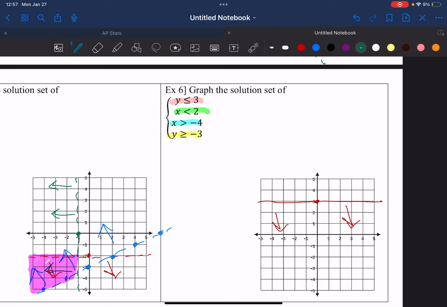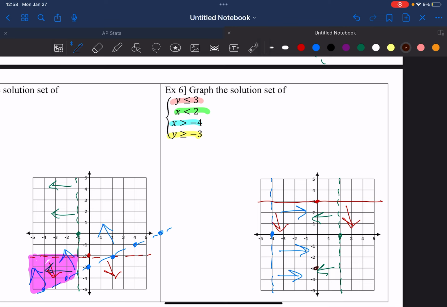X is less than 2. I find 2. It's going to be a dotted line, and less than means to the left. Then I have x is greater than negative 4. Well, here's negative 4. Dotted line because it's greater than and not equal to, and then that means I'm going to the right. And then lastly, y is greater than or equal to negative 3.